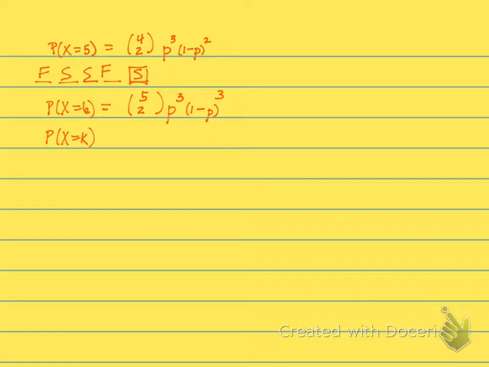That is, it takes k trials to achieve 3 successes. So in the preceding k minus 1 trials, since the last trial is the last success, we choose the 2 other successes. We always have the 3 p's, but now we have the rest of the k that aren't the 3, so k minus 3 failures.